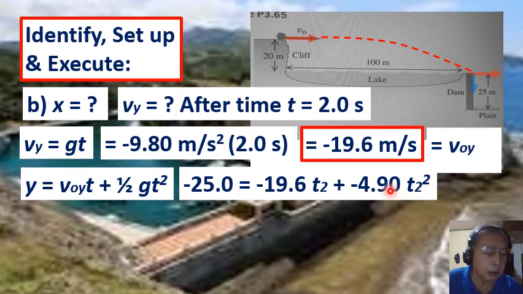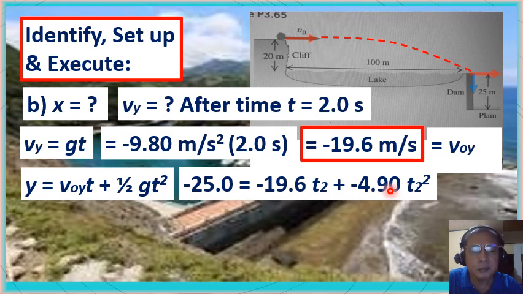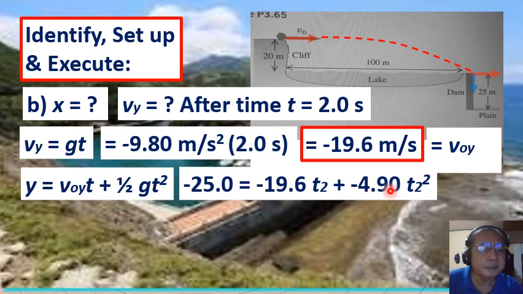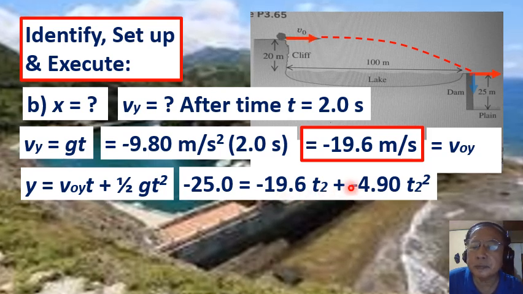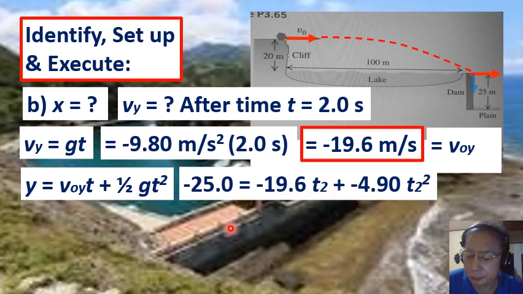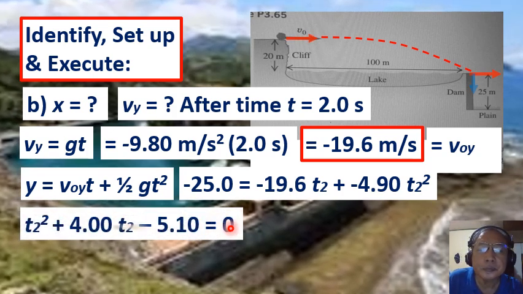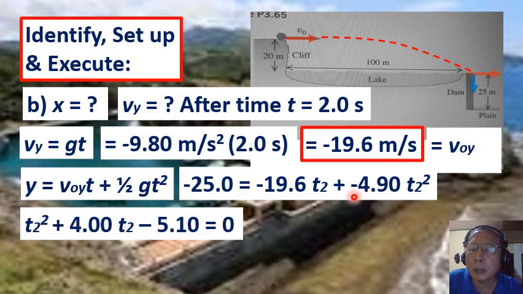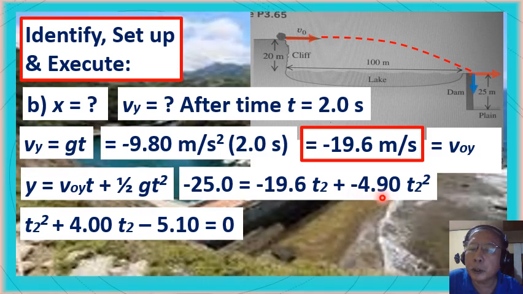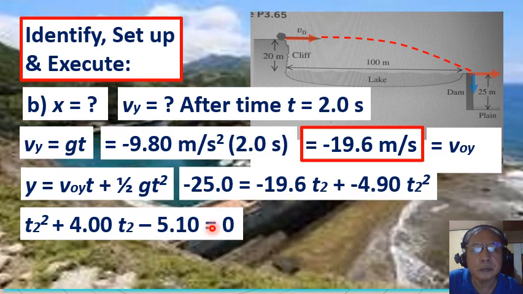And rearranging this equation, and dividing all the terms by 4.90, we come up with this equation.